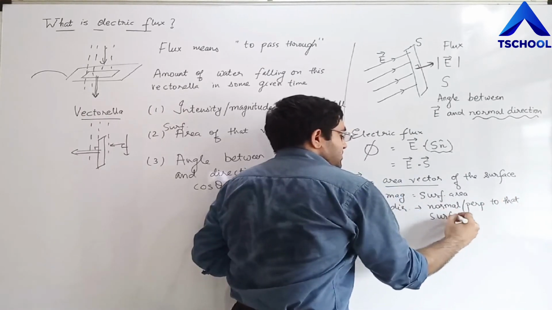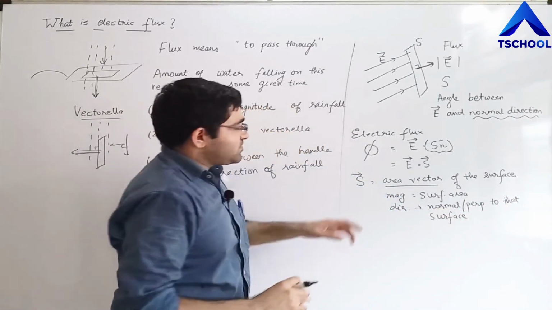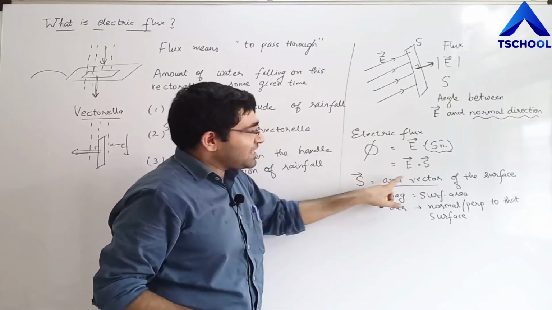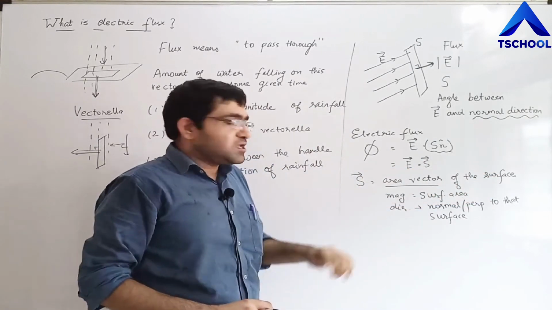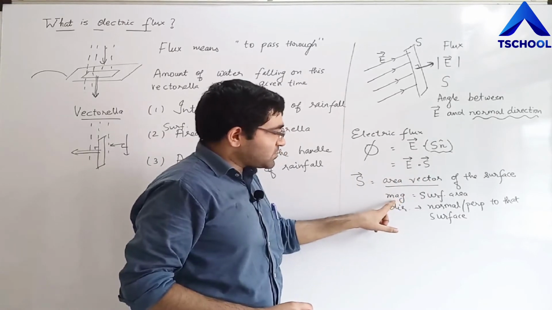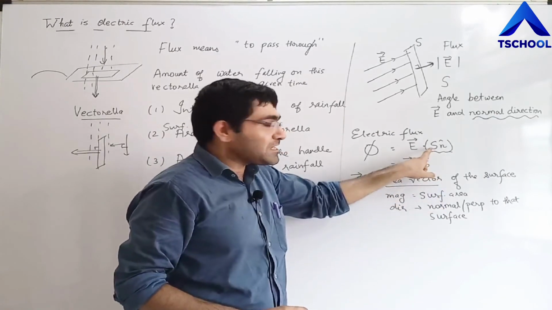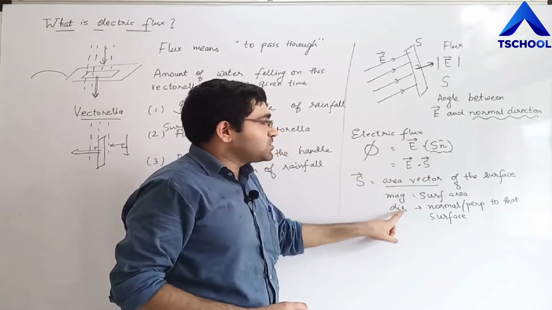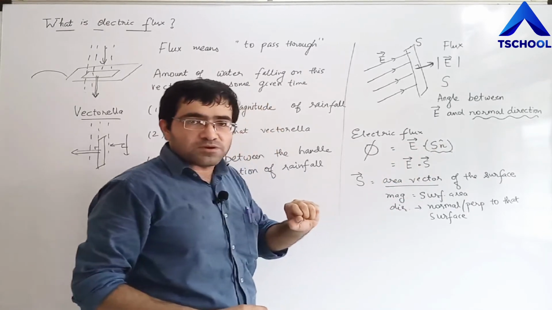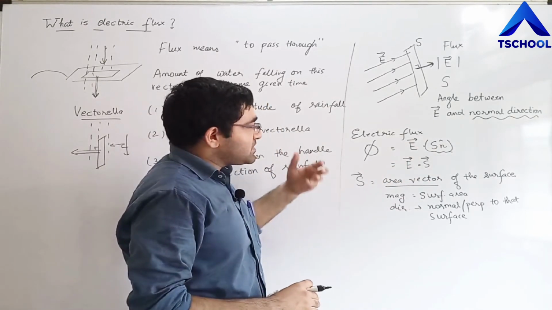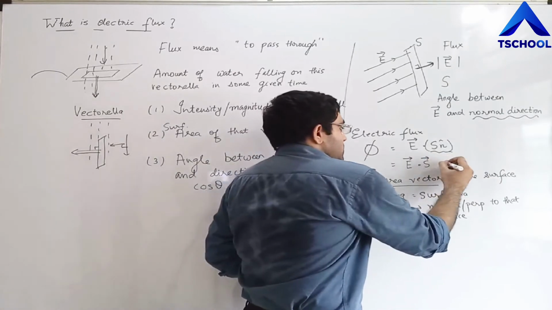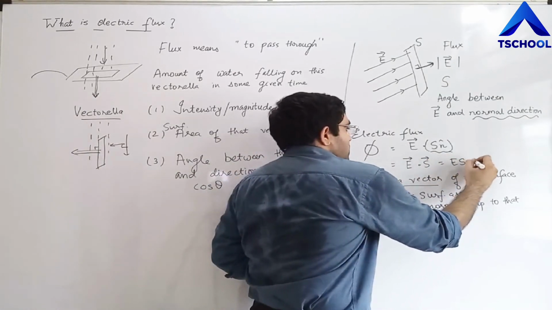Again, we have taken S vector as the area vector of that surface, a vector whose magnitude is the surface area S and whose direction is the normal direction, right? So obviously this gives you E S cos theta.